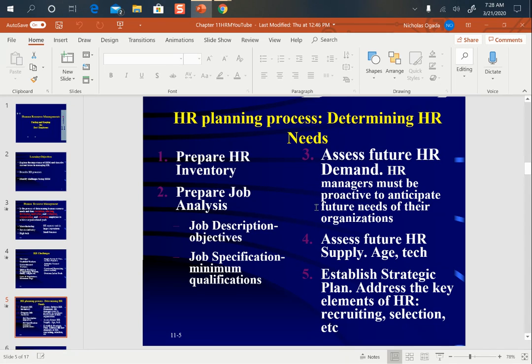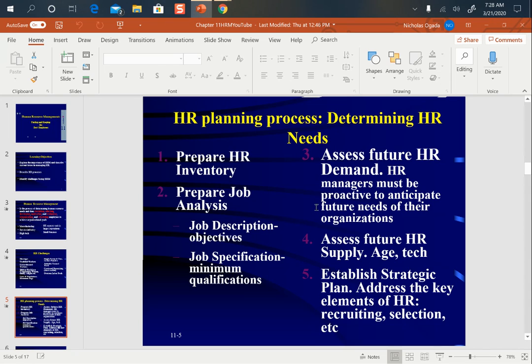The goal you're trying to address here is to ensure that, let's say you need 20 people with this kind of skill set, and you look at the supply side to figure out whether it has enough people to fill the demand or not. That's basically what you figure out in this process.